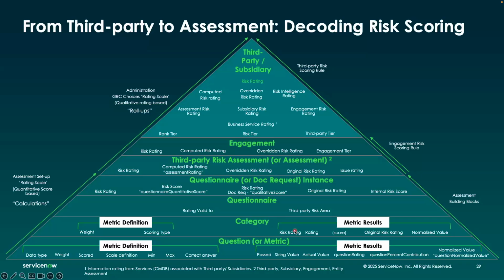Risk rating. Risk rating is a qualitative metric that is a conversion of the quantitative attribute rating, just described a moment ago. The risk rating is a lookup on the risk rating scale using the numeric rating of the category. The risk rating scale is defined in the assessment setup. Normalized value.